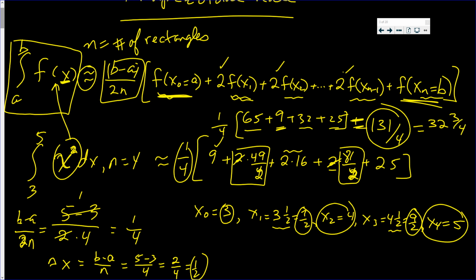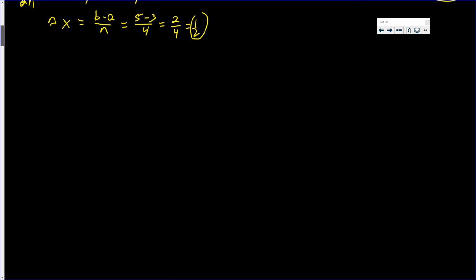Okay, I squared that number and I multiplied it by 2. I squared x2, I multiplied it by 2. I squared 9/2 and I multiplied it by 2. And the last value I just squared. Don't let this scare you. It's rather simple.